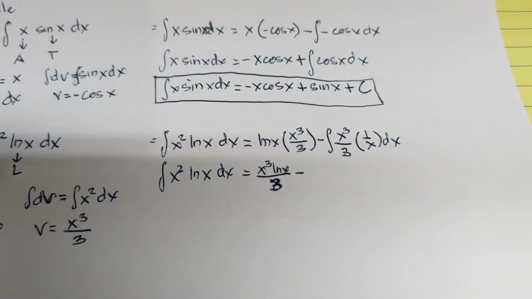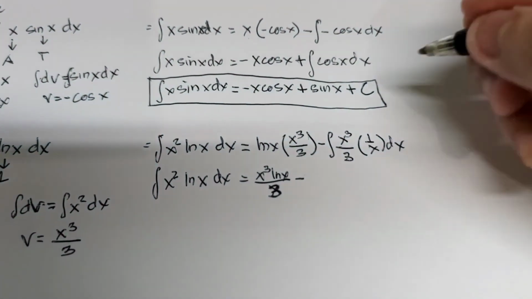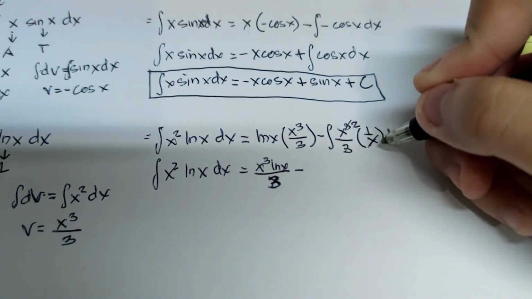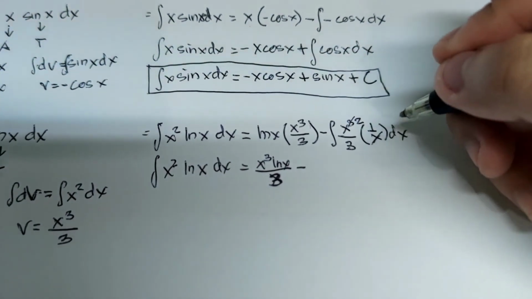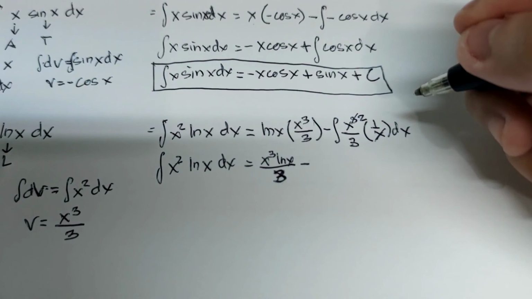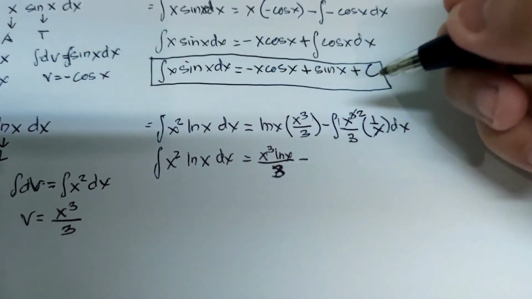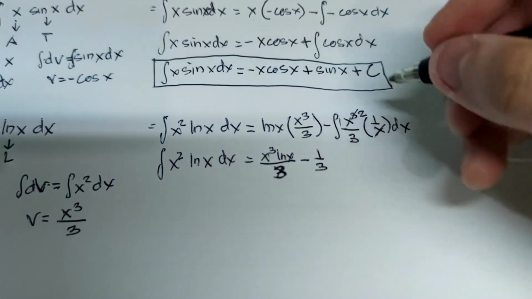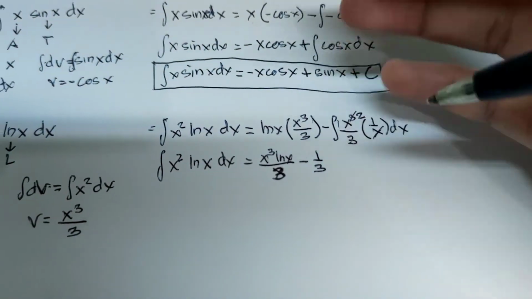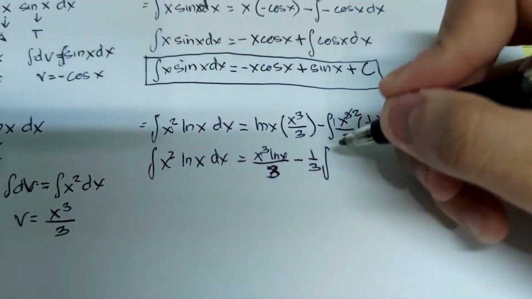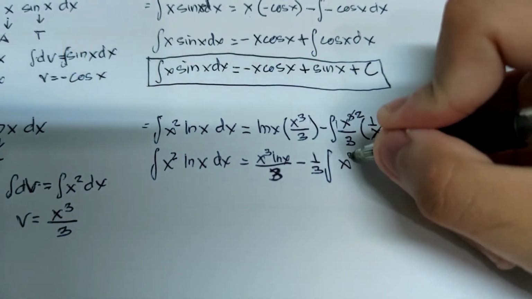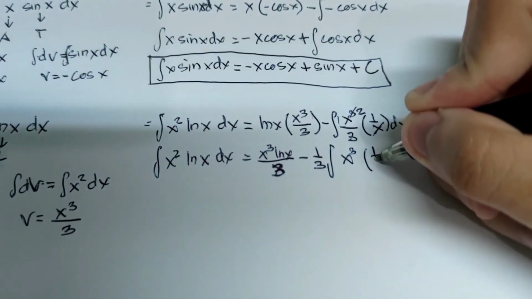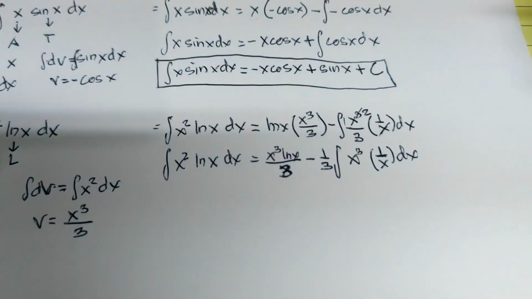Minus, we can cancel out our x and 3 here, or we can have 1/3, so we can put 1/3 outside. It's a constant, so we put it outside the integral: the integral of x cubed multiplied by 1 over x dx.